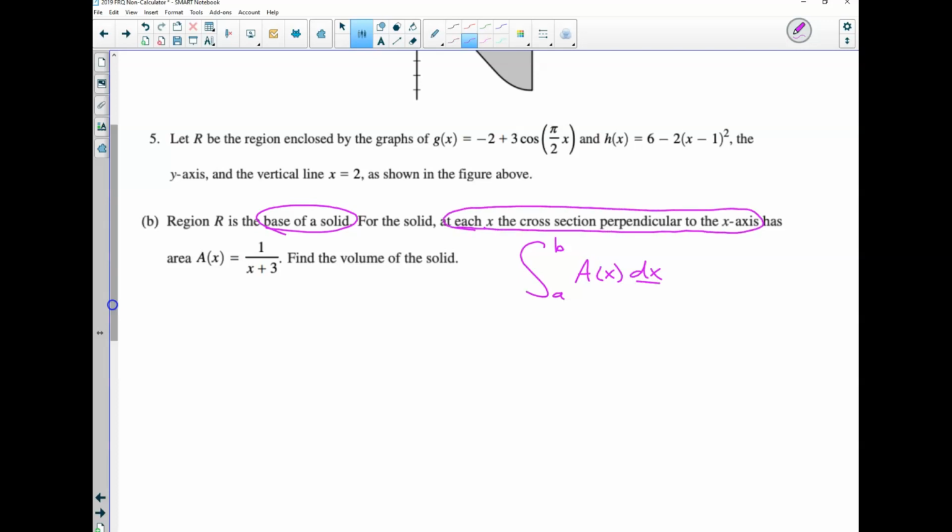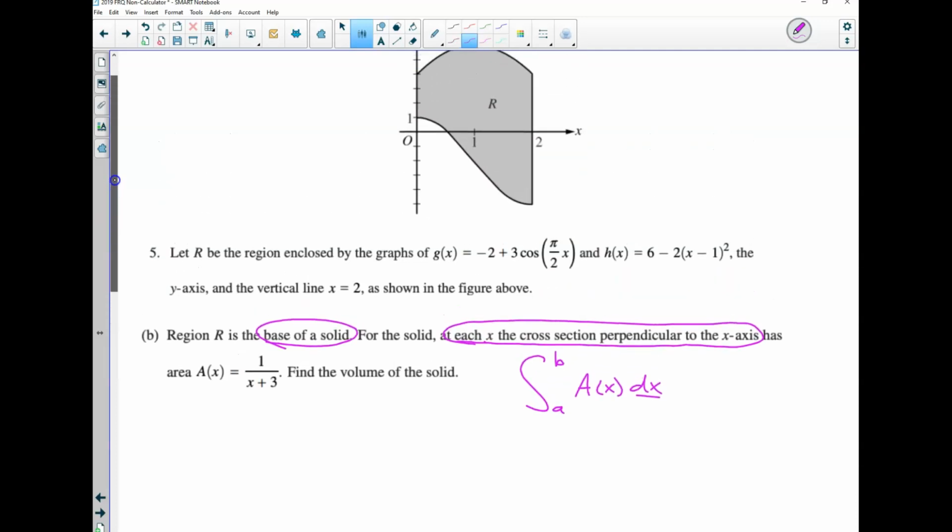That's why I did a dx. And wasn't that mighty kind of them? They gave you the area function. So all I need to do is integrate from 0 to 2 of my area function dx. They're not even making you find the area function on here. They said, here it is.